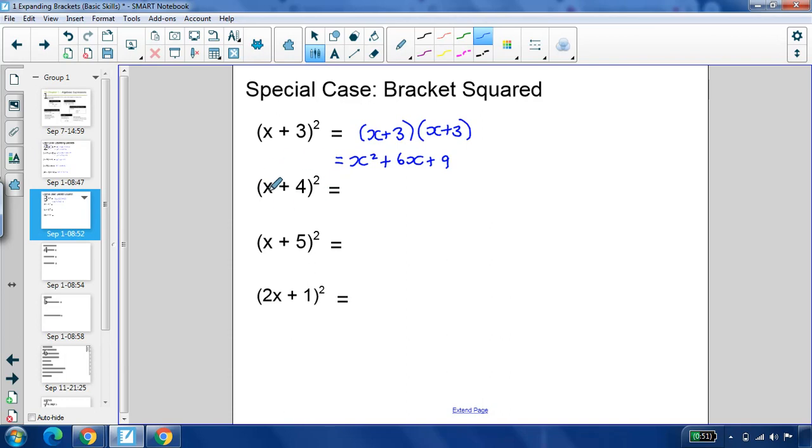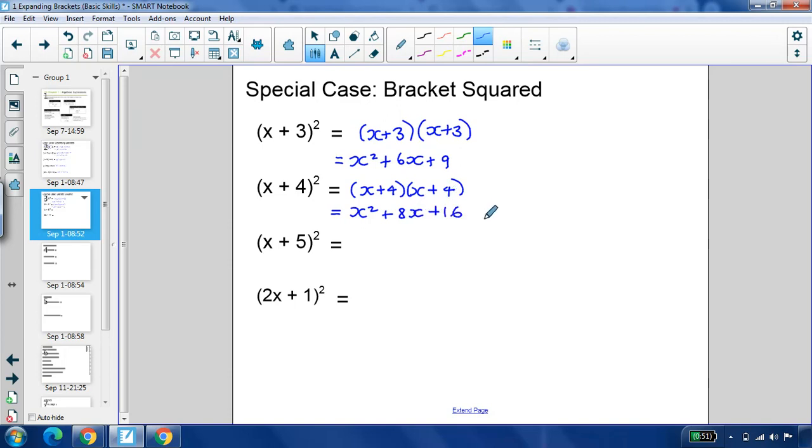This one, x plus 4 squared, I'm going to write as x plus 4, and then x plus 4. And expanding, I'll get x squared plus 4x and another 4x here, so 8x in total, and then add 16.